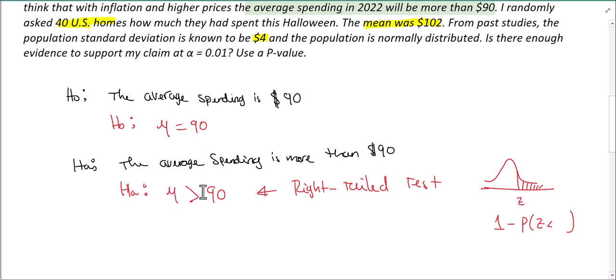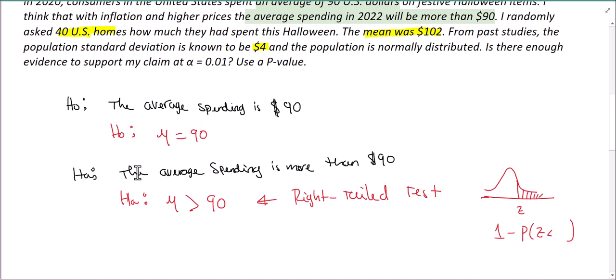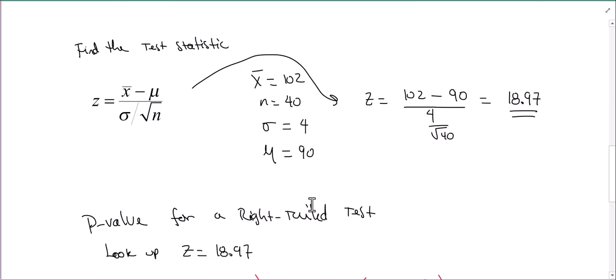The average was 102, so it is plausible that people are spending more than $90. What I asked was what are you spending on candy, decorations, and costume for, say, a child? I tried to keep it somewhat small, not in terms of all costumes and other things. I kept it to candy and decorations for this year.